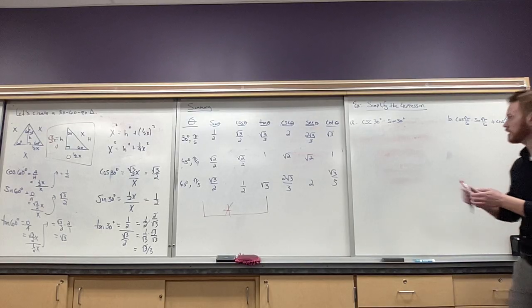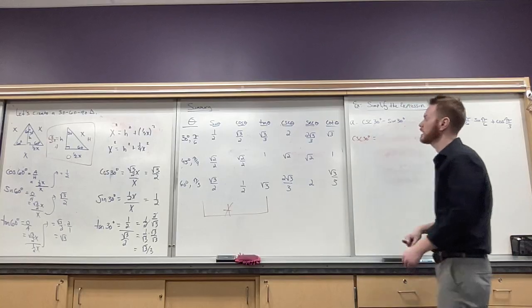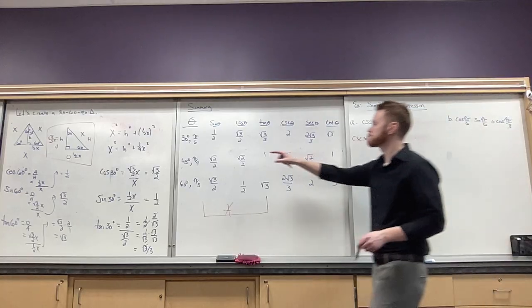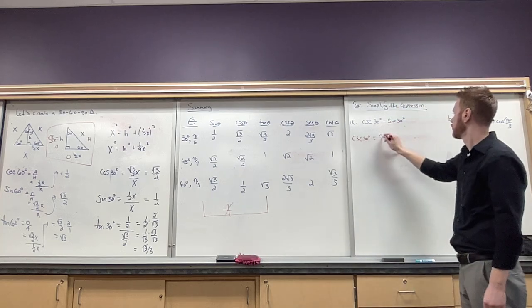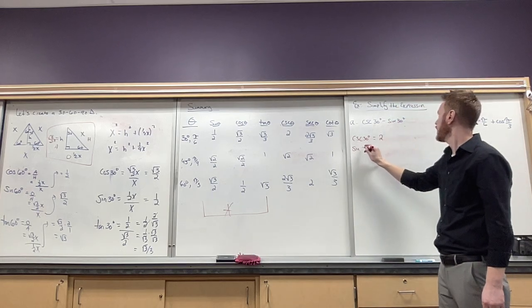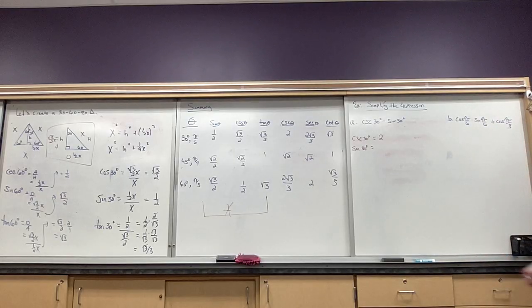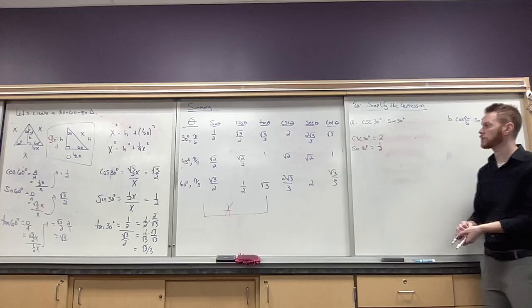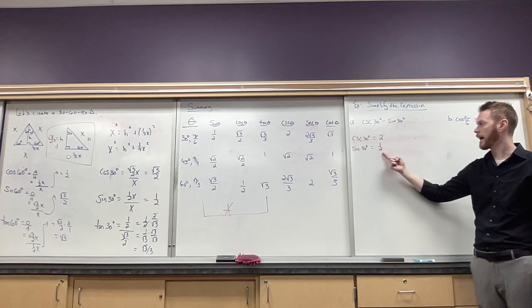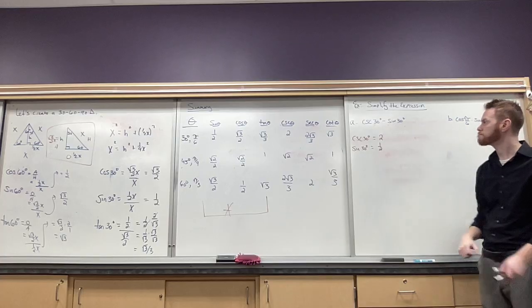So cosecant, I'm going to write this off to the side. Cosecant of 30 degrees, if I look at my table, here's 30, and cosecant here is 2. Sine of 30, if I look at my table, we can see that's a half. Now again, I told you to memorize that first section. So if I know sine of 30 is a half, and these are related to each other, I'm just flipping it.